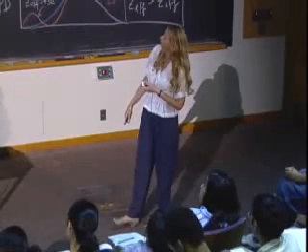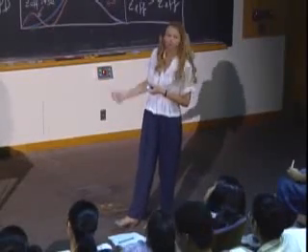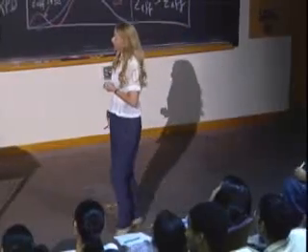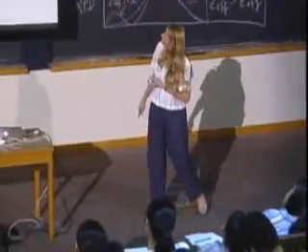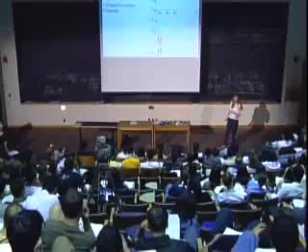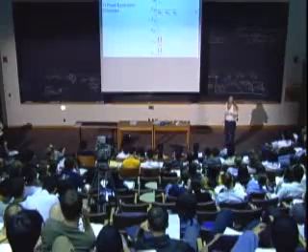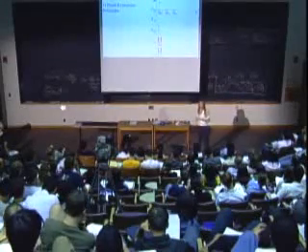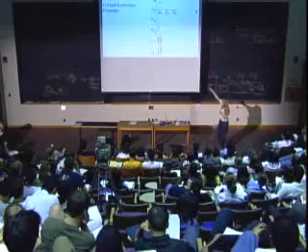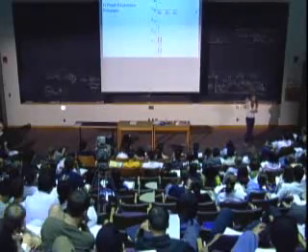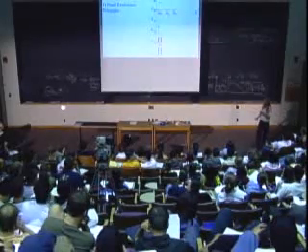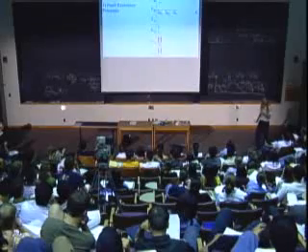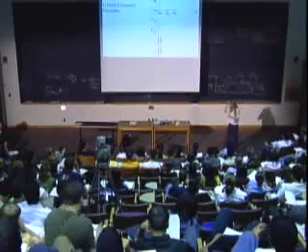For beryllium, another 2s electron, opposite spin. And then for boron, the electron has to go into the 2p state. It doesn't matter whether you put it in 2px, 2py, or 2pz, they're all the same energy.